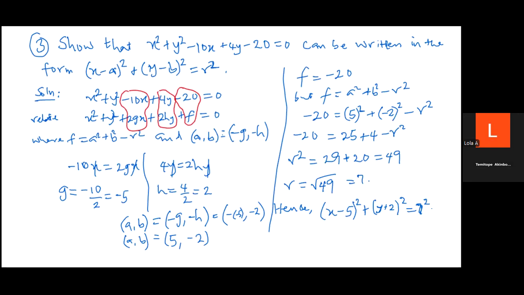So you can see the disparity and similarity when you are given the expanded form and when you are given the completed form. So with the expanded form, you can also find the center and the radius from that. Yes, sir. Okay.